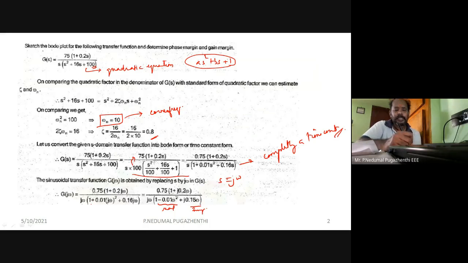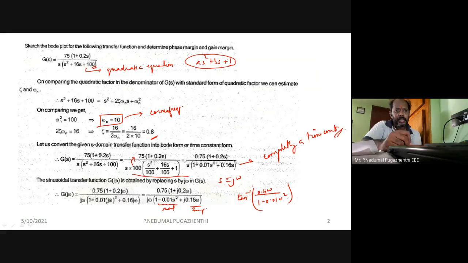The second most important thing is that this problem varies basically in forming the angle equation, because of the tan inverse of the imaginary part divided by the real part for this particular quadratic part.